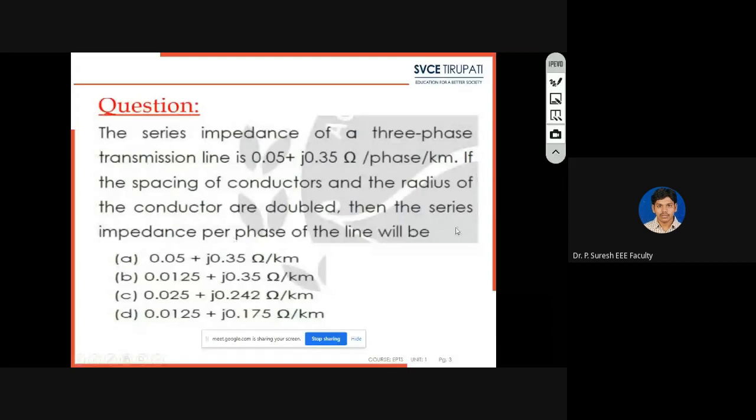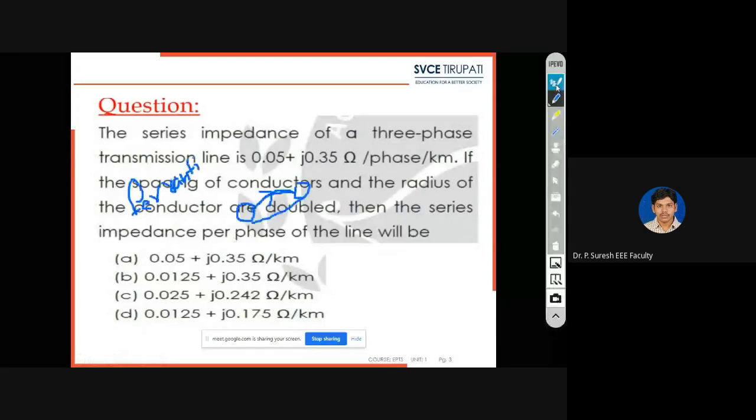My question is clear? Okay, see here, they given the series impedance. Let us take one simple transmission line. The value is 0.05 plus j0.35 ohms.